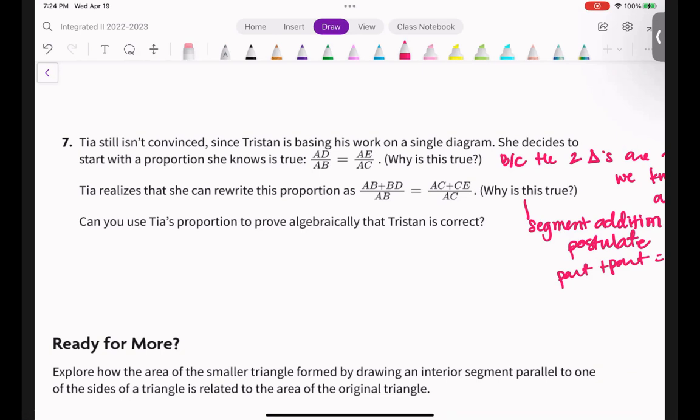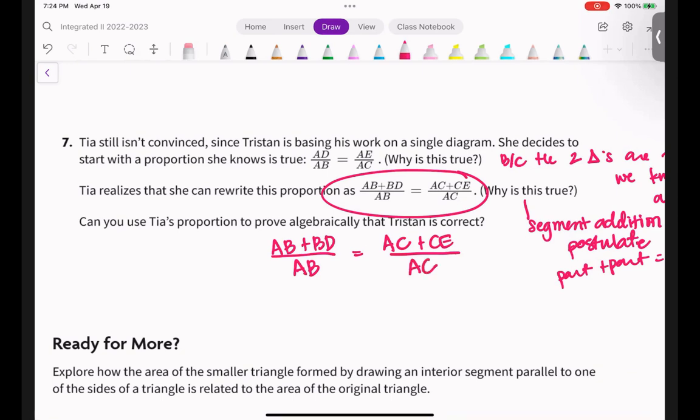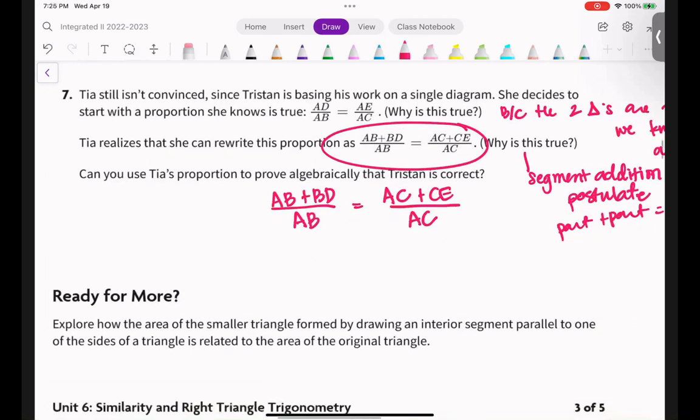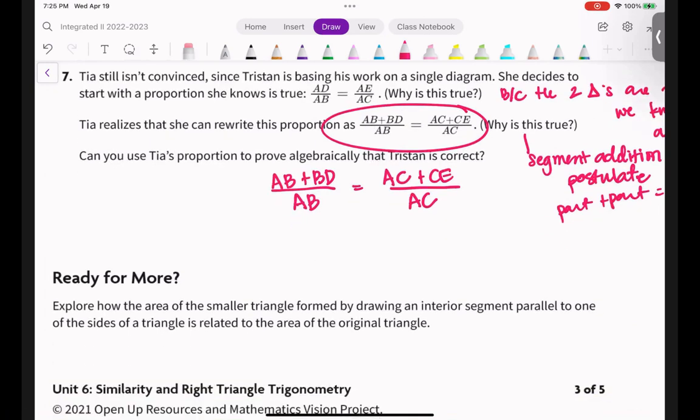So what we're going to do is start off with this one right here. AB plus BD over AB equals AC plus CE over AC. The first thing that I notice is that I could divide. And it looks weird because we're using points and lengths.